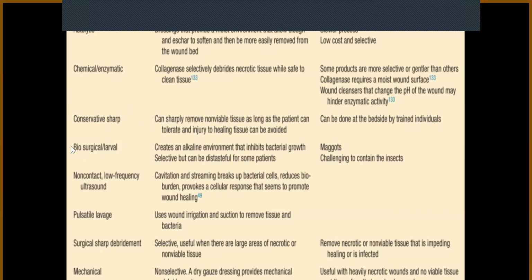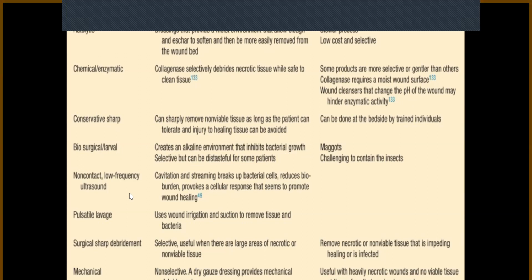Then coming to the biosurgical or the larval, there are certain flies, mostly one fly known as the green bottle fly commonly. Its larvae are used for the biosurgical or the larval debridement. They create the alkaline atmosphere that inhibits the bacterial growth, and also they clean up the debris.